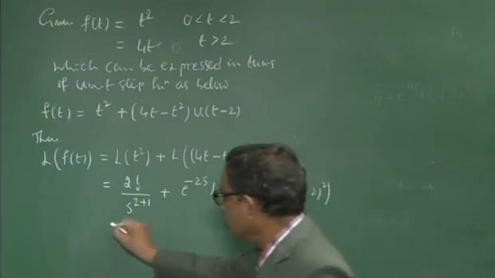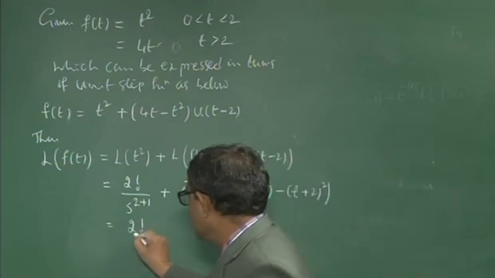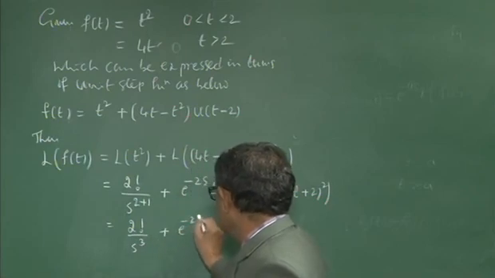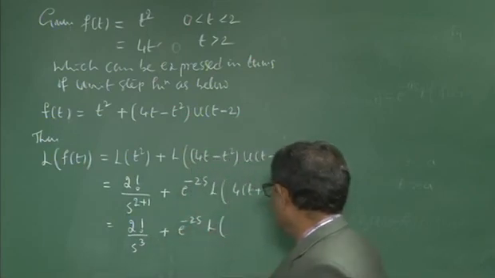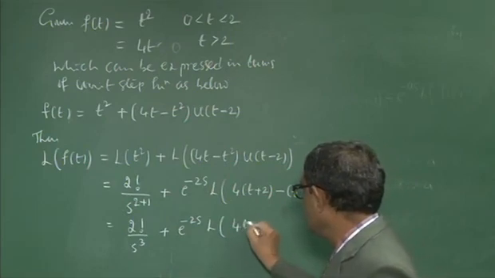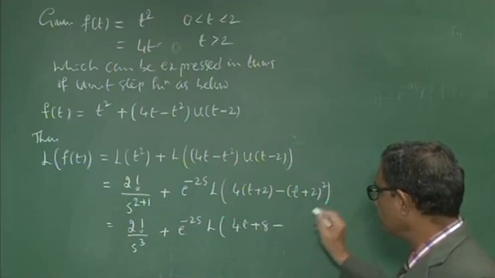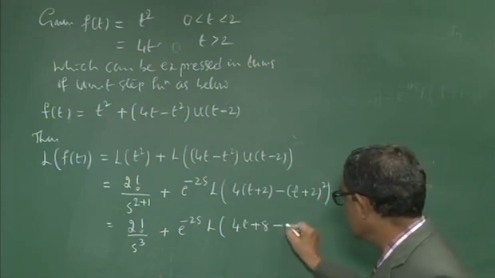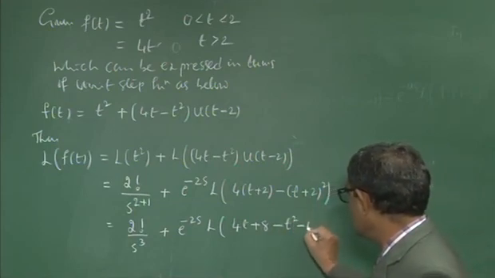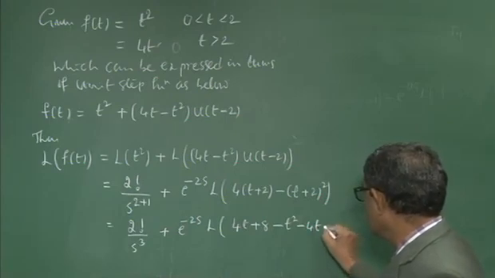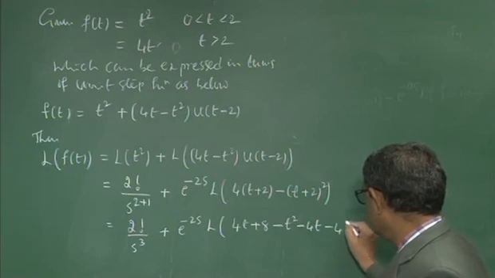Now simplify. What is it? 2 factorial by s cube plus e raised to minus 2s L of 4t plus 8 minus, now it is a plus b whole square, so t square plus 4t plus 4, with the minus outside: minus t square minus 4t minus 4.